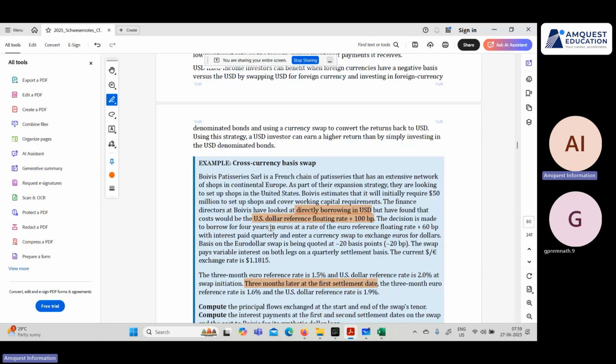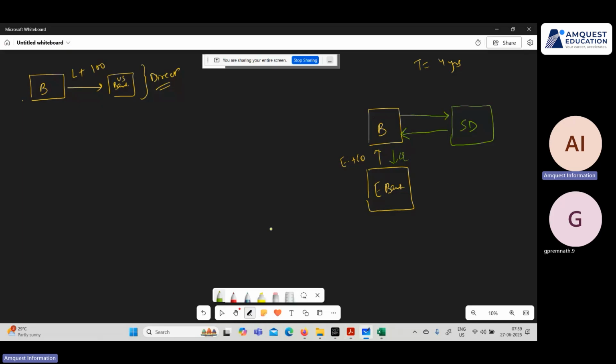Right? Now, when they say that the basis is minus 20, what does that mean? It means that whatever the prevailing rates would be, he will pay you 20 pips less than the prevailing rates.